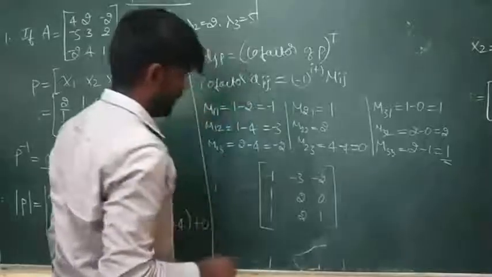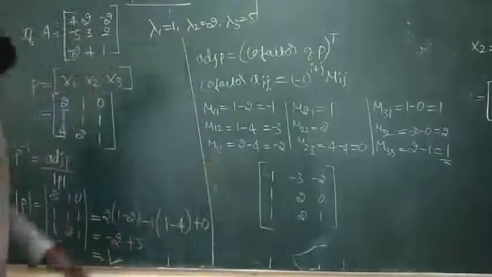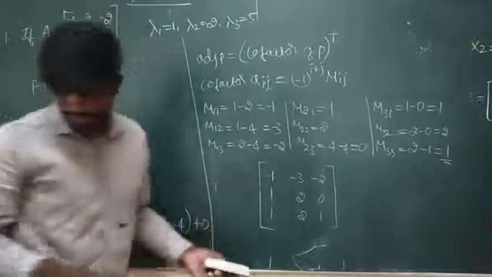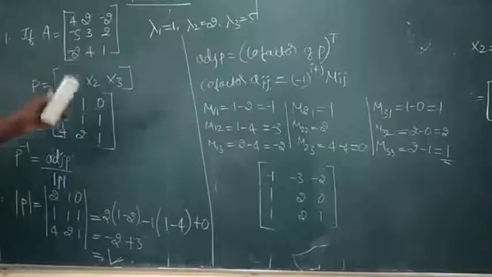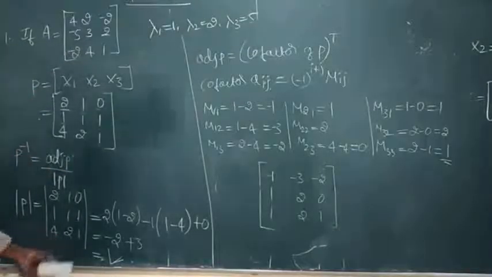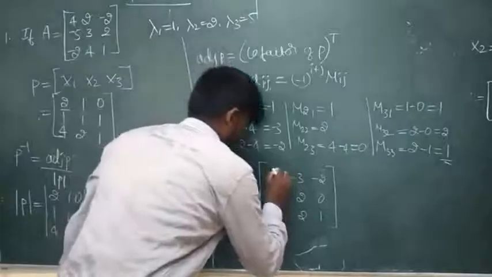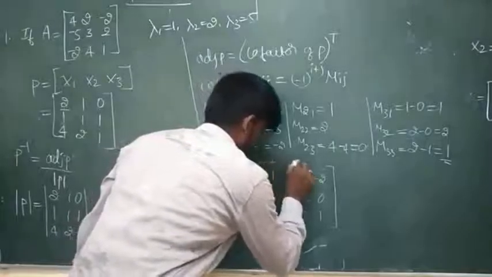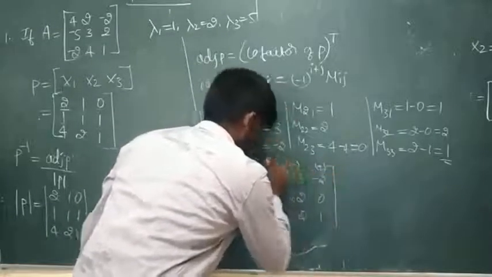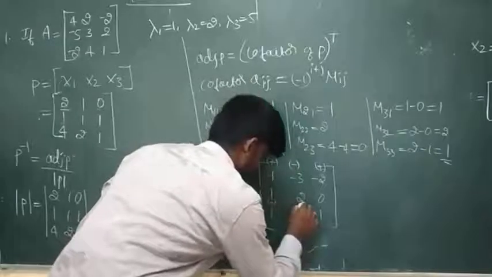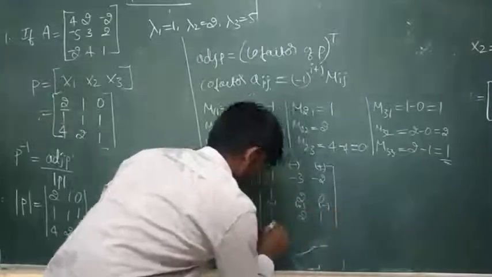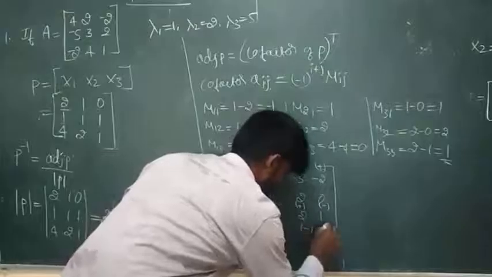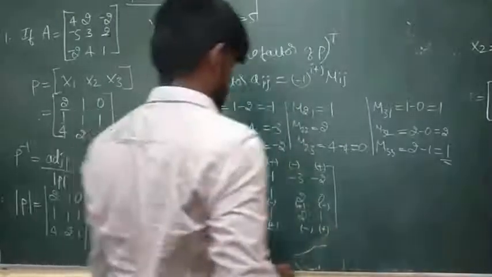This is the minor matrix, and this is not yet the cofactor matrix. Cofactor of P is obtained by changing the signs: plus, minus, plus, minus, plus, minus, plus, minus, plus.